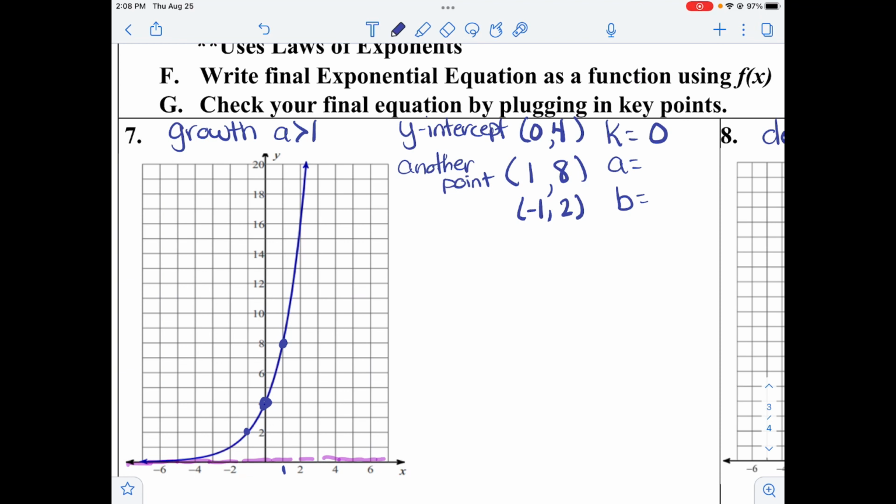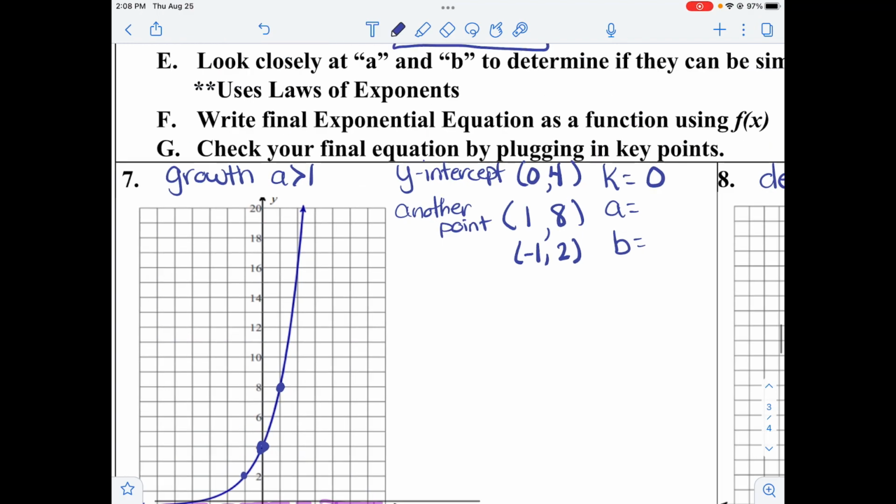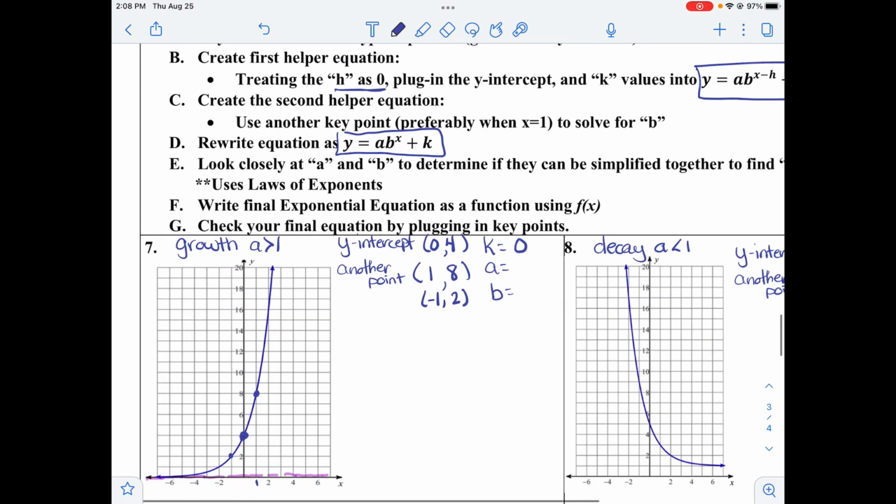But we're going to pretend like we don't really know that right now, and we're going to start with plugging in. So we're going to plug in first where h is 0, we know k, and we know the y-intercept. So we're going to use the y-intercept in our formula. We plug into y equals a b to the x plus k.